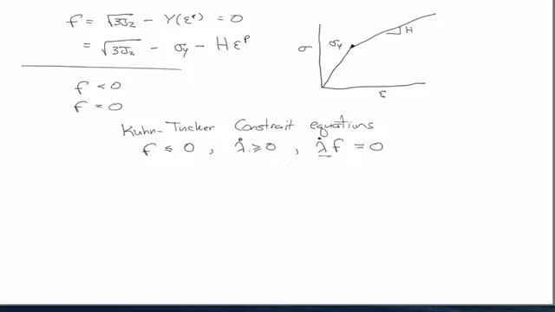Otherwise, if lambda dot is positive, and by the way, lambda dot is always positive, it can't be negative, then you have some plastic flow, and you have to satisfy this equation. And it turns out that you can basically combine these conditions to come up with a complementary condition that says that F dot is equal to 0. And so this is really all we need to solve.